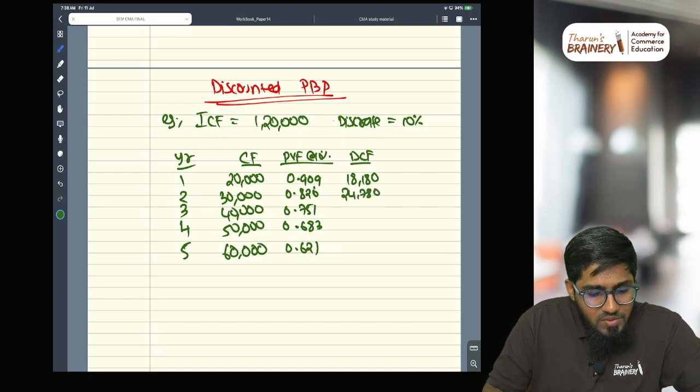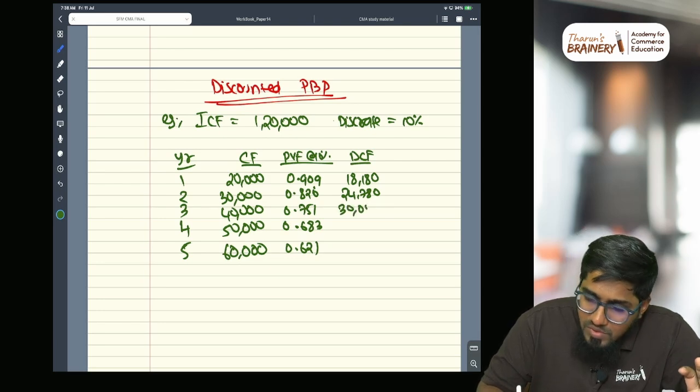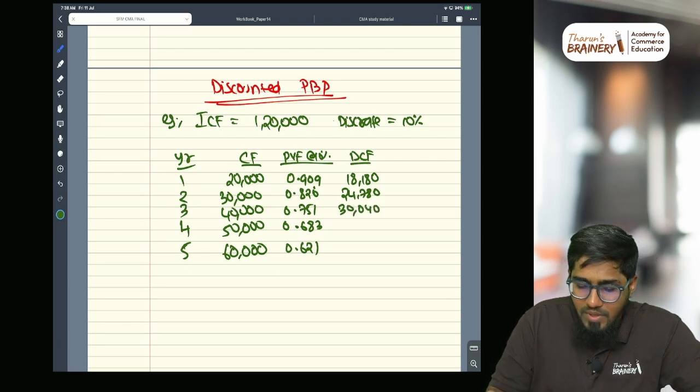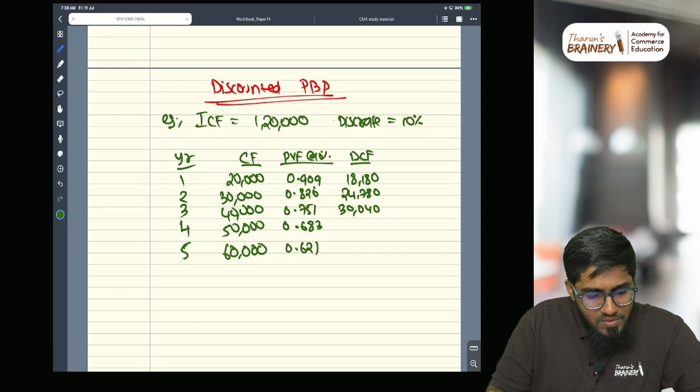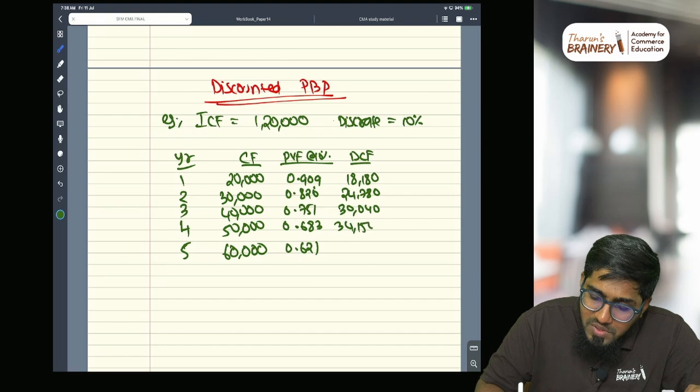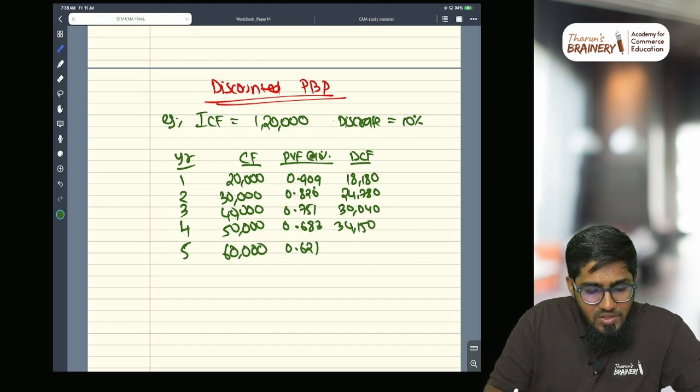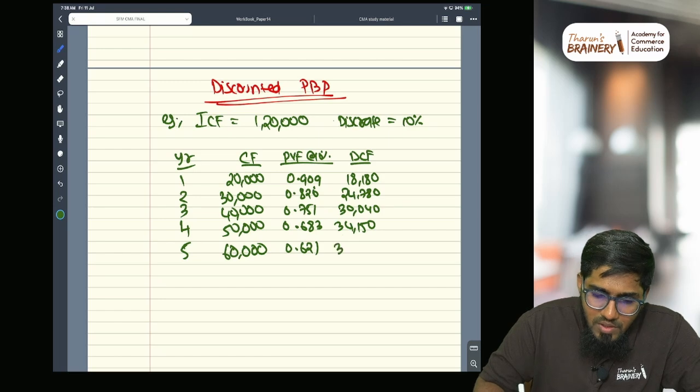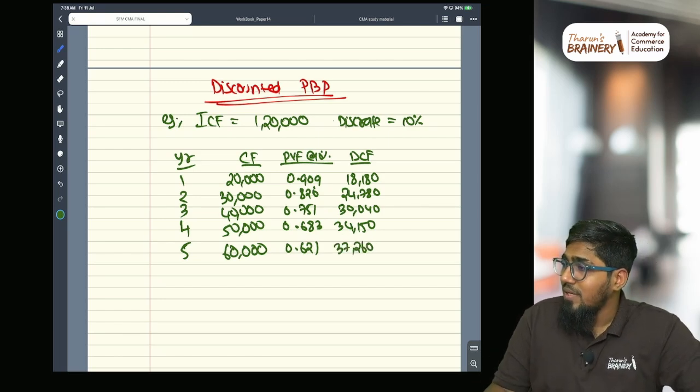Next year 40,000 into 0.751 is 30,040. Next year 50,000 into 0.683 is 34,150. Next year 60,000 into 0.621 is how much? 37,260.